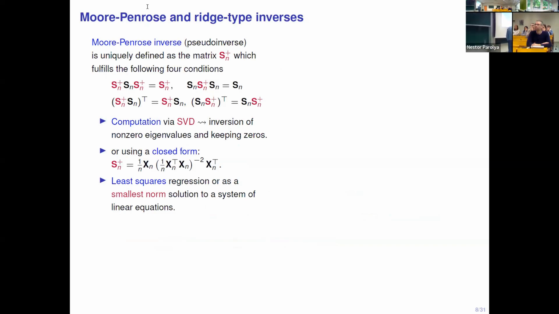We look first at the Moore-Penrose inverse, which has a long history. It's the unique inverse which satisfies these four properties, and it is really a generalized inverse. From the SVD point of view, you just invert the non-zero eigenvalues and keep the zeros.